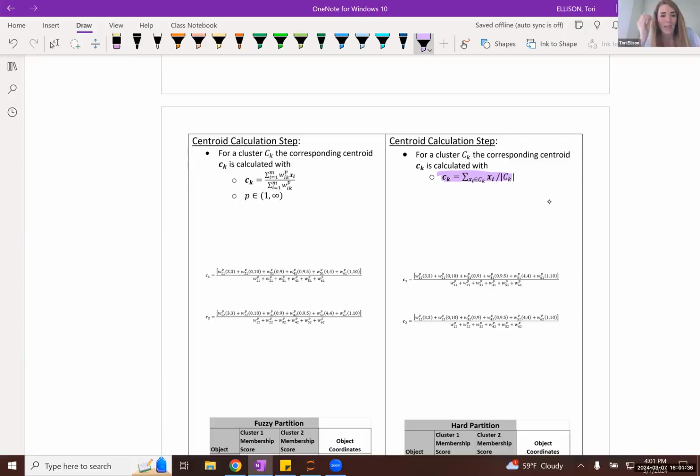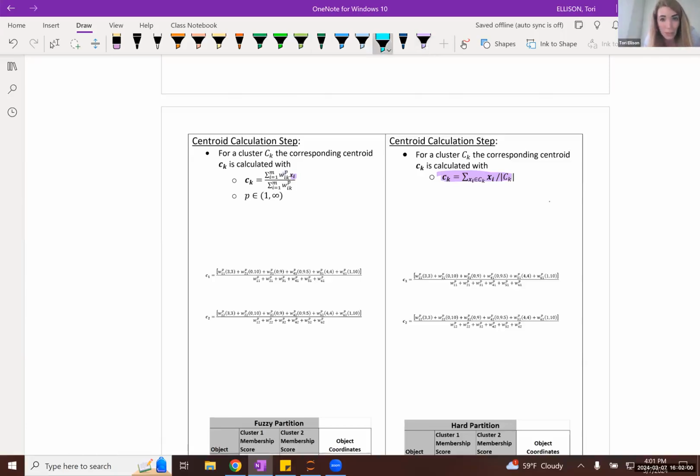However, remember in fuzzy c-means, all points are assigned to some extent to all clusters. So rather than taking the mean of the points assigned to a given cluster, we're going to calculate the weighted mean of all points.